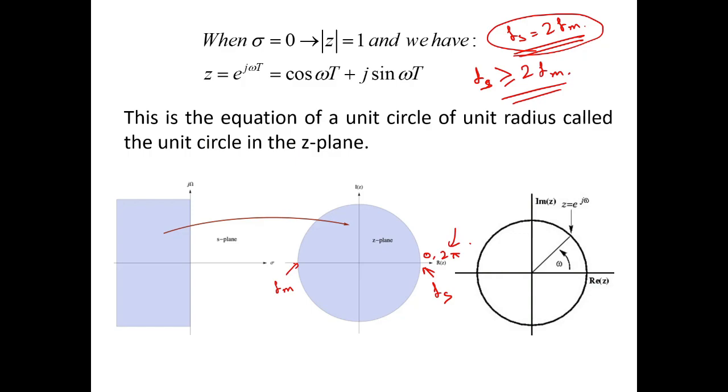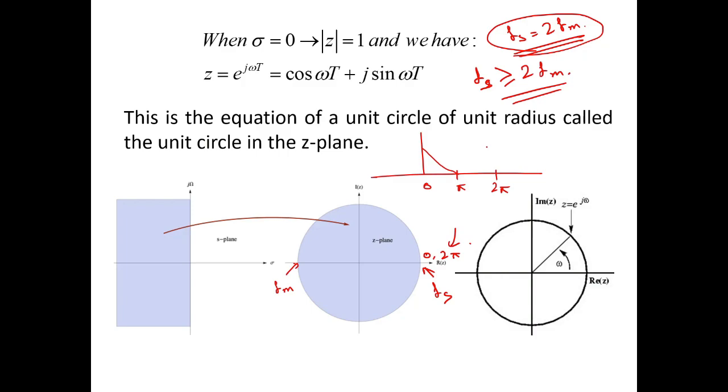Now the thing is that again, 0 to pi, 2 pi. So suppose we have a frequency component like this. In one of our last classes, I gave you the chart of the discrete Fourier transform, right?